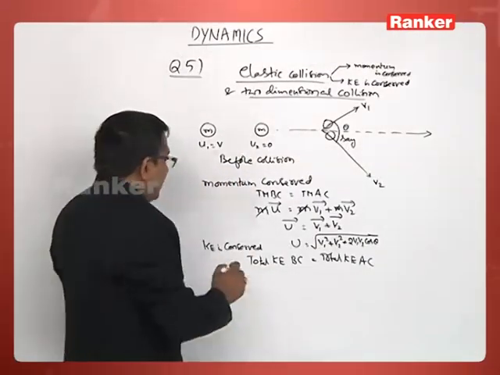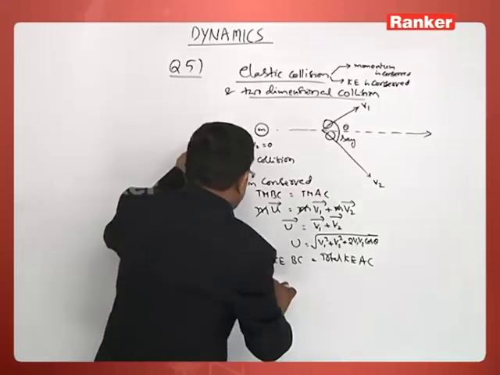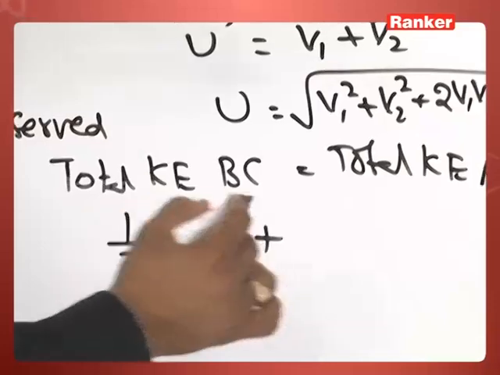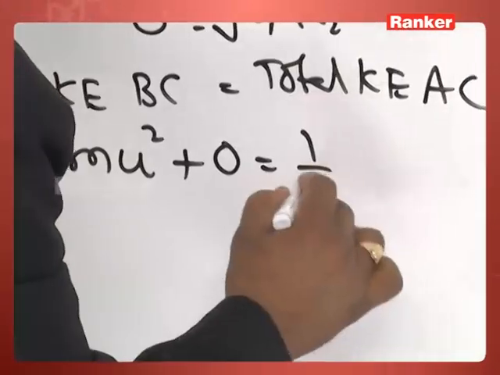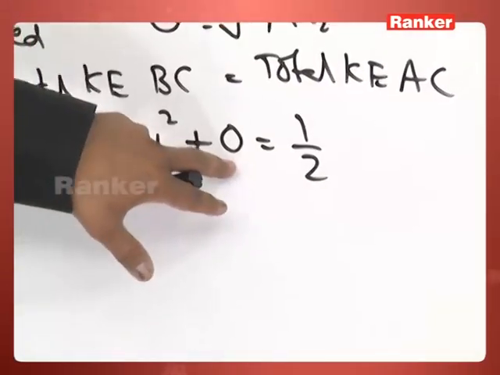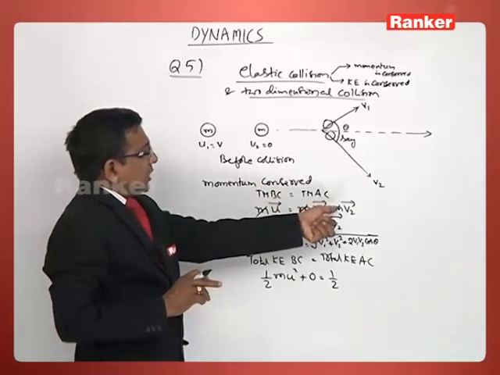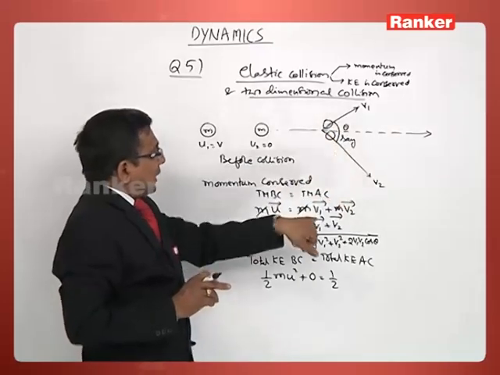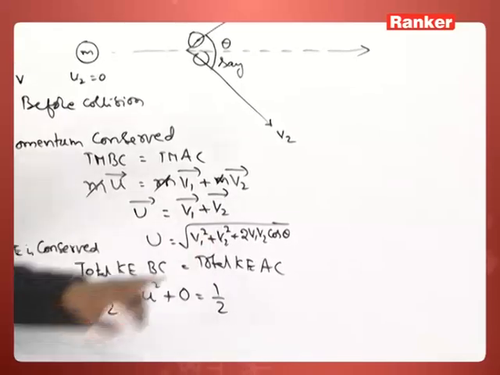Total KE before collision is half m u square, plus the second body is at rest, so its kinetic energy is 0. Kinetic energy is a scalar quantity, so we do not use vector notation here. For momentum, which is a vector, I used vector notation because I do not know this angle. I cannot simply add these two, so I added vectorially. This point you have to remember.